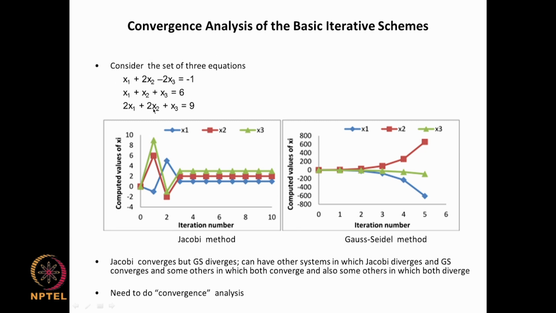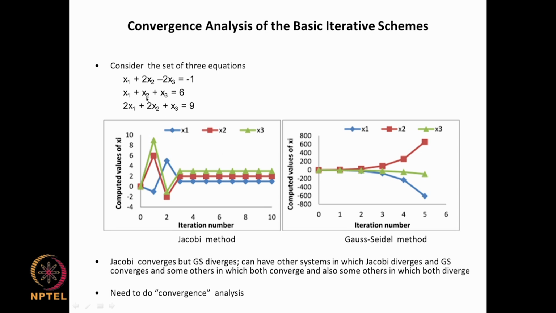For the same equations and the same initial guess, we were expecting the Gauss-Seidel method to give a much faster solution because of the updating. The true solution is x1 is 1, x2 is 2 and x3 is 3.